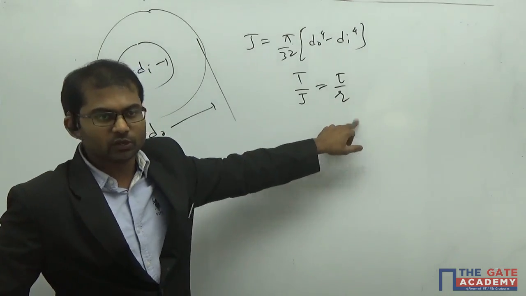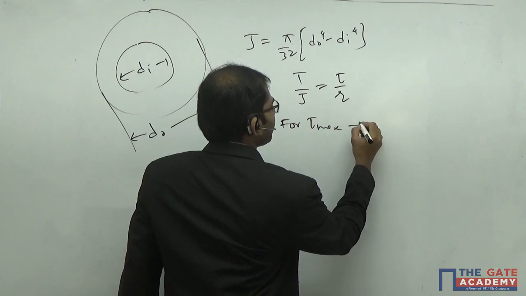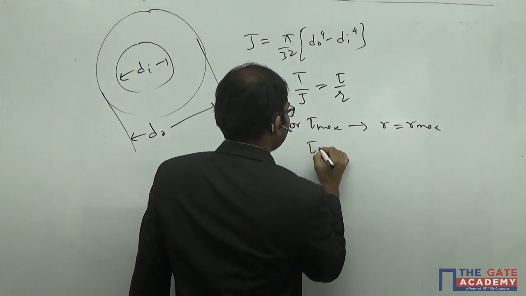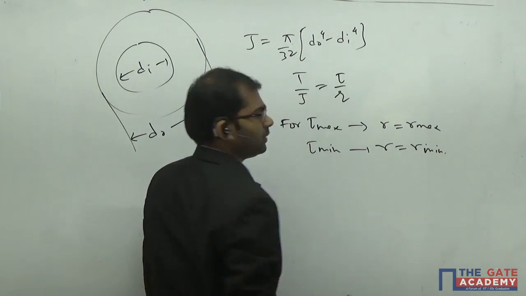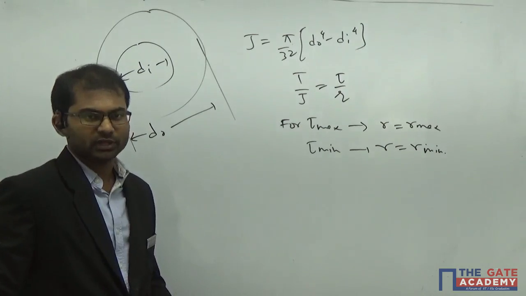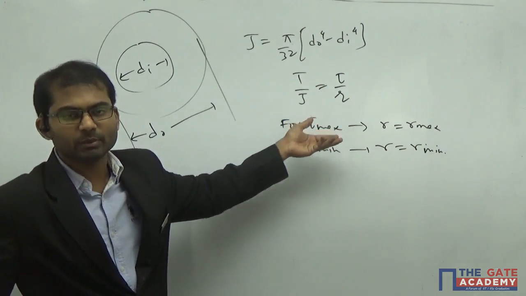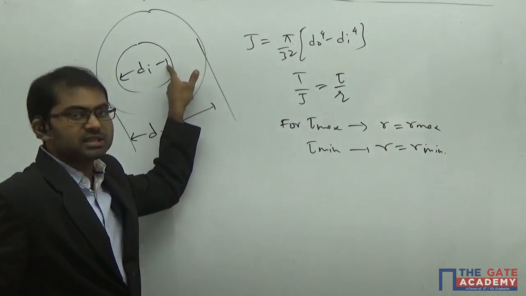So for tau max, R is equal to R max. Understand? For tau minimum, R is equal to R minimum there. In a solid shaft, we know that R minimum is equal to 0. So only tau max will be there. Tau minimum is equal to 0 there. But in this case, R minimum is not equal to 0. It's di by 2 here.